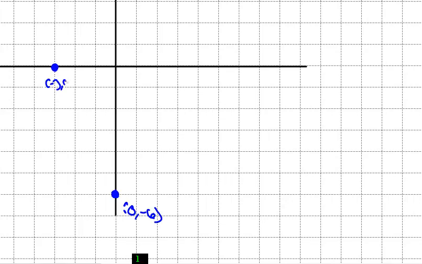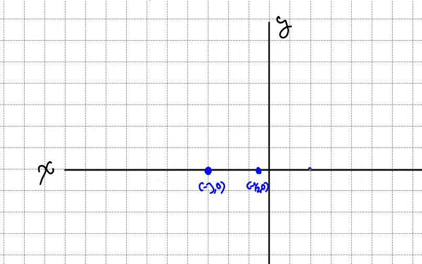So at negative 3, 0. I also had an x-intercept at negative 1/2, 0. So negative 1/2, 0. And an x-intercept at 2, 0. 2, 0. Okay, so I have 4 points on there, but what else can I do?